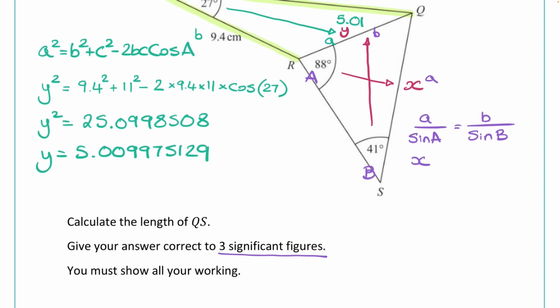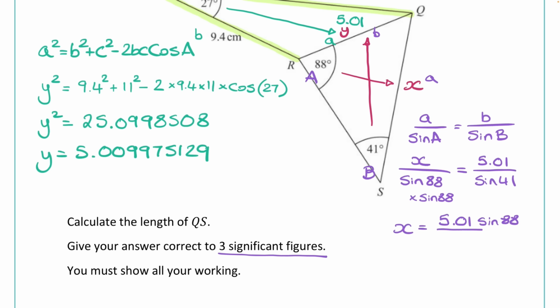We have x over sine 88 is equal to 5.01 over sine 41. Again, I've still got the whole number in my calculator. So to isolate the x, I'm going to times both sides by sine 88, and that will give me x is equal to 5.01 sine 88 all over sine 41.